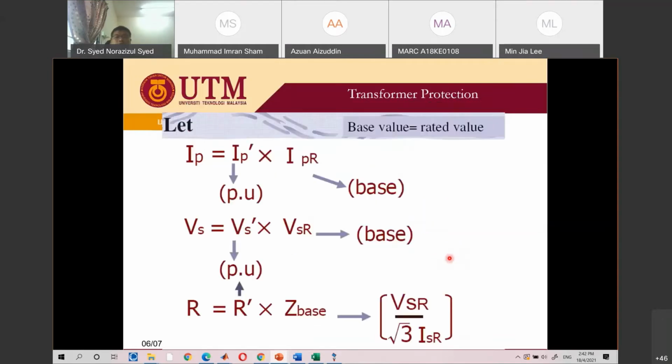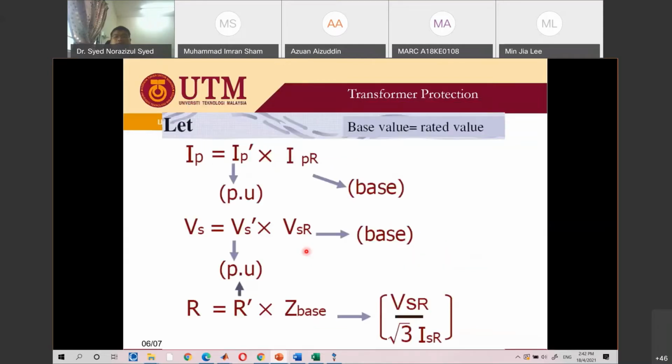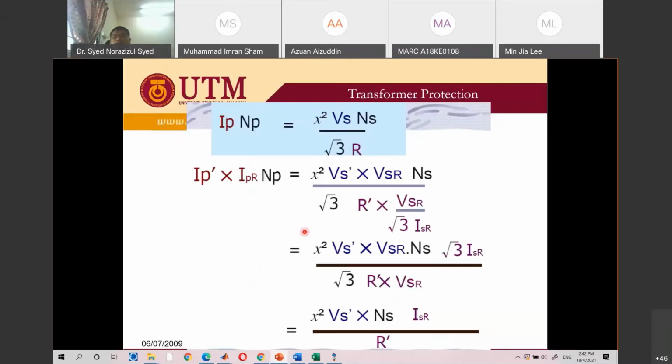VS equals VS prime times VSR, so you can change the VS here to VS prime times VSR. The final one you get is x squared VS prime times NS ISR divided by R prime.